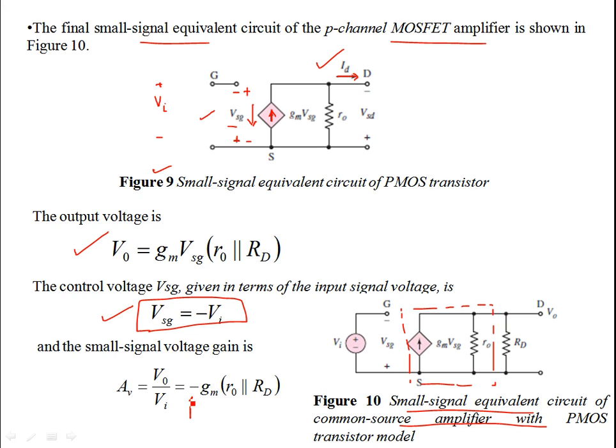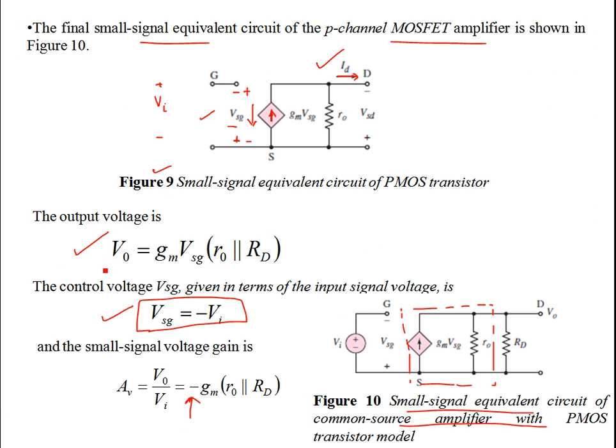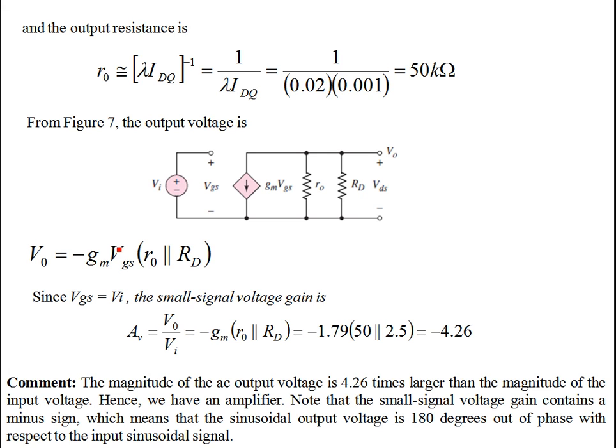There's a negative sign over here, which means in both PMOS and NMOS devices, the output voltage and the input voltage are 180 degrees out of phase. The things to notice over here are that the voltage gains are similar. For the NMOS device, what we had earlier, we have a very similar expression for the voltage gain, in fact. And this voltage gain was given as minus gm ID RD.